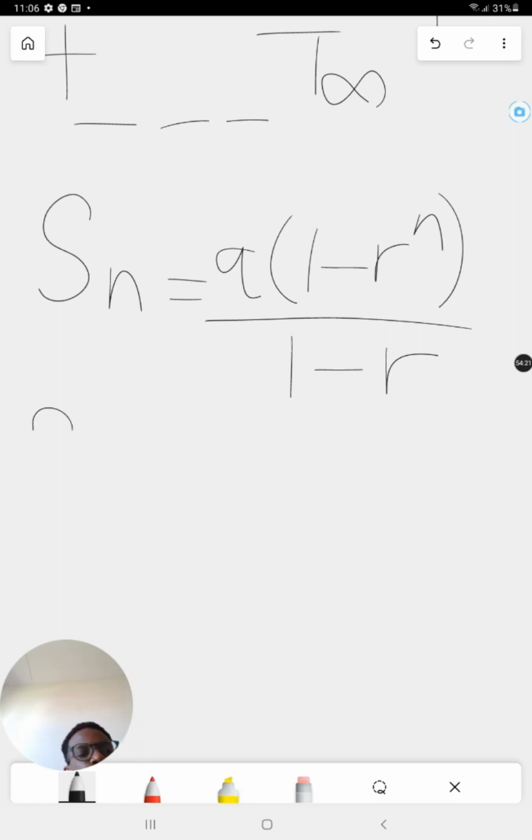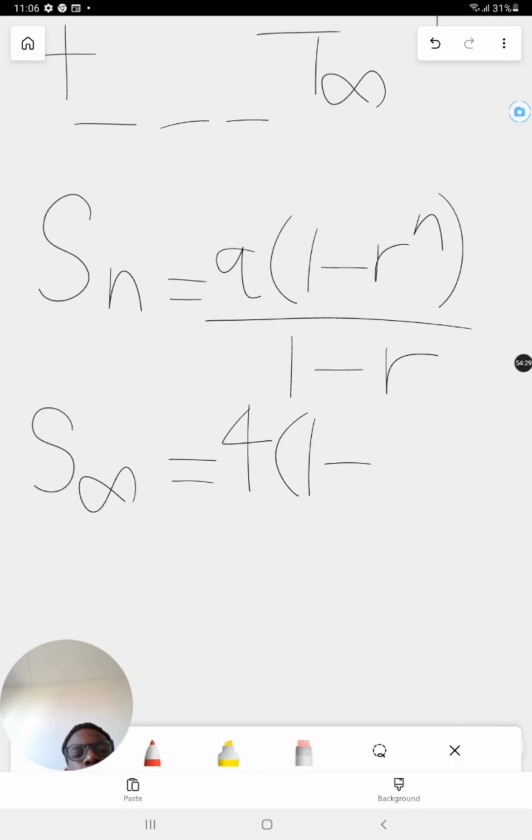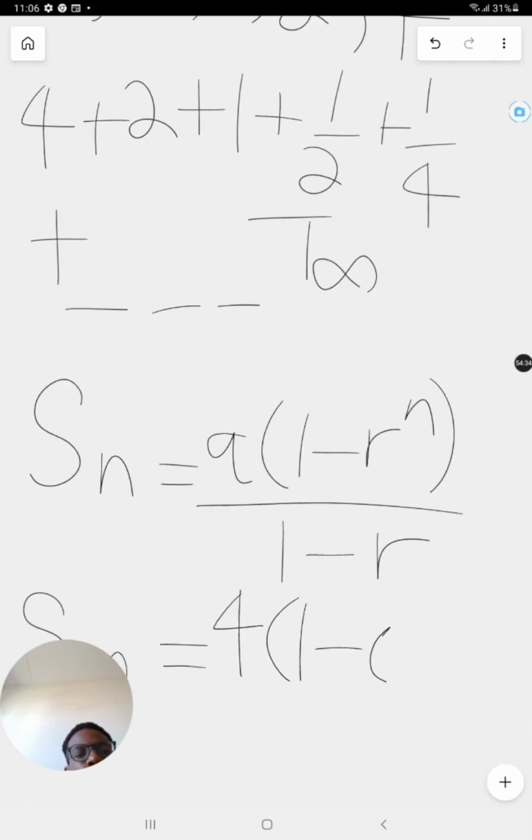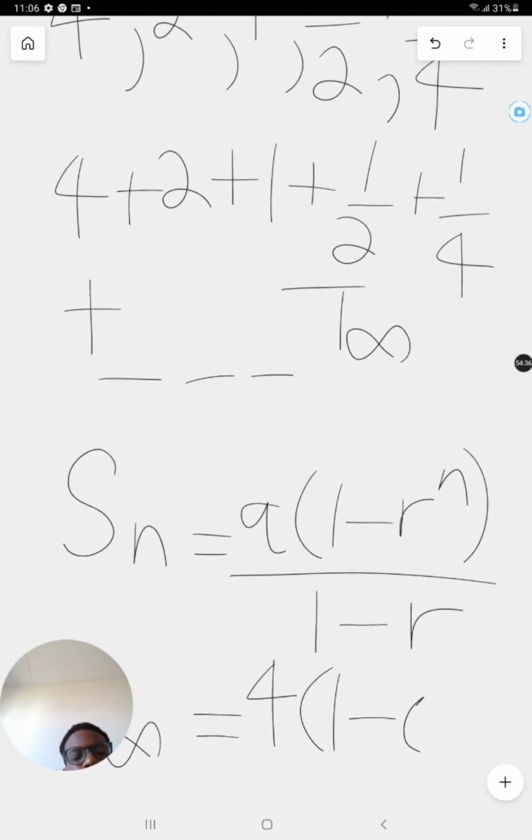So you can say sum to infinity is equal to the first term, which is 4, over 1 minus r. And what is r in this instance? Let's go up and see. R is equal to term 2 divided by term 1. That's 2 over 4, that's 1 over 2.